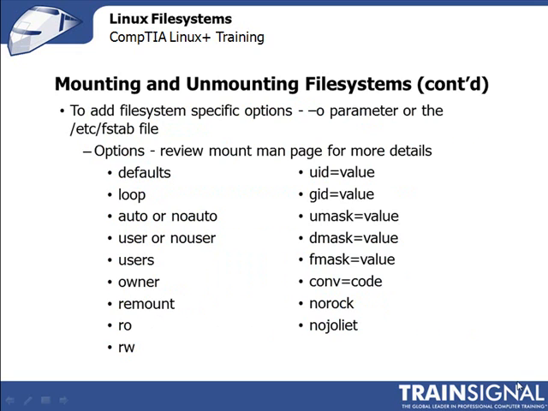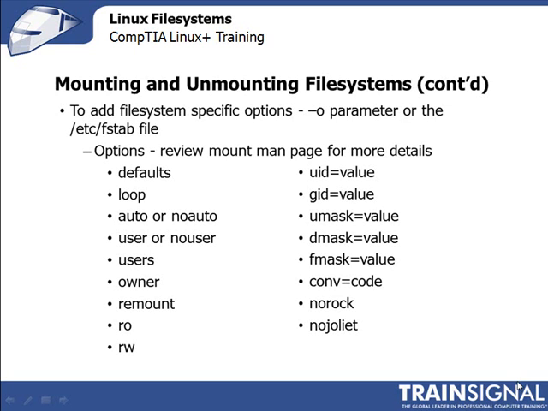If you need to add file system specific options, you can do so with the -o parameter we talked about on the previous screen, or you can do it by changing the /etc/fstab file. There are 17 options, and you can review those on the mount man page for more detail.